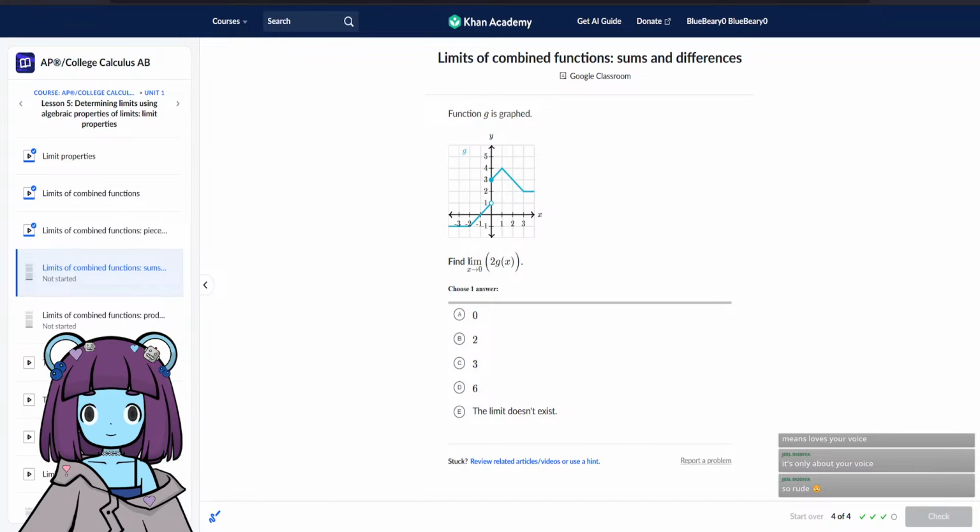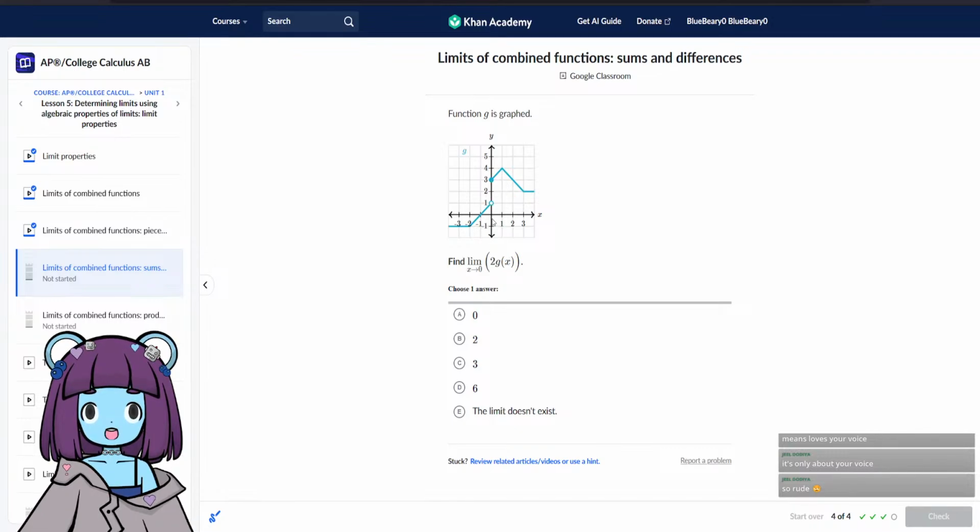Find the limit as x approaches 0 of g of 2 times g of x. So, let's see. 2g of x.